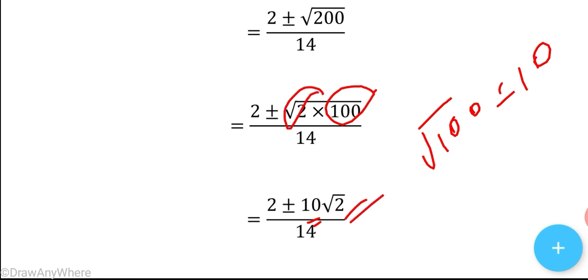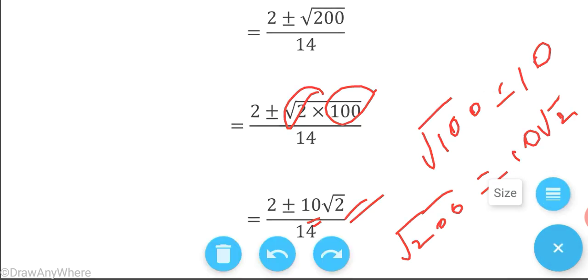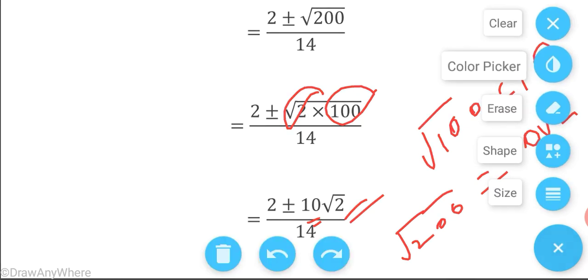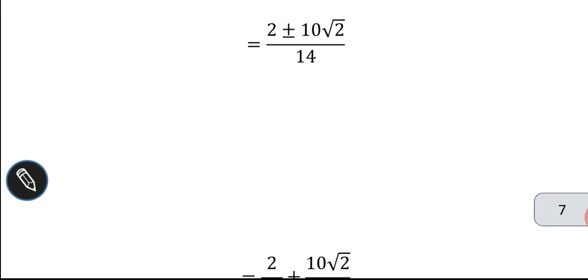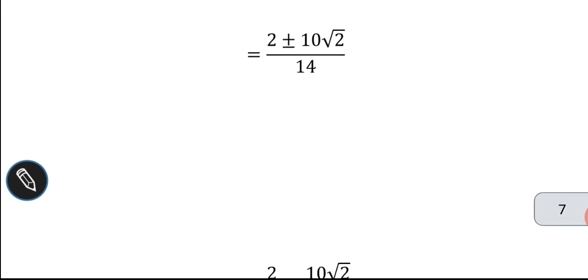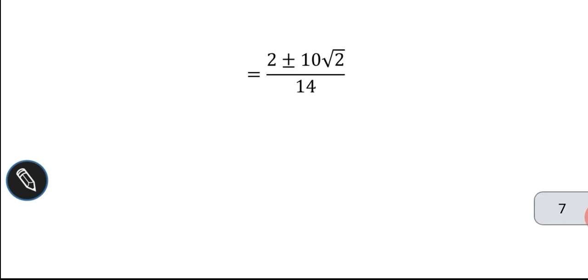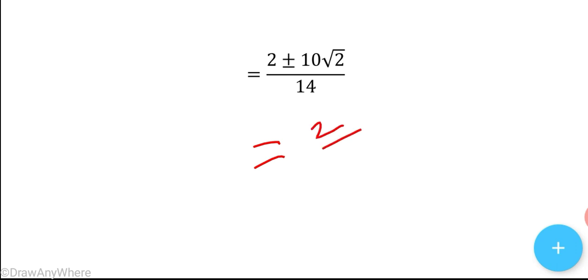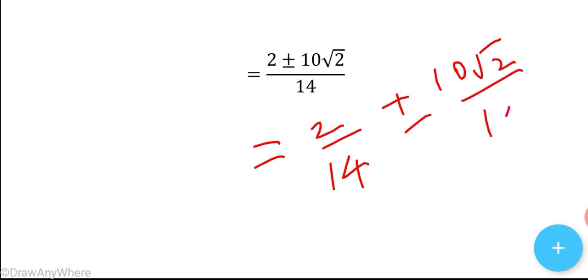Okay, so square root of 200 will be equal to 10 root 2, divided by 14. The next step is 2 divided by 14 plus or minus, so split it. 2 divided by 14 plus or minus 10 root 2 divided by 14.